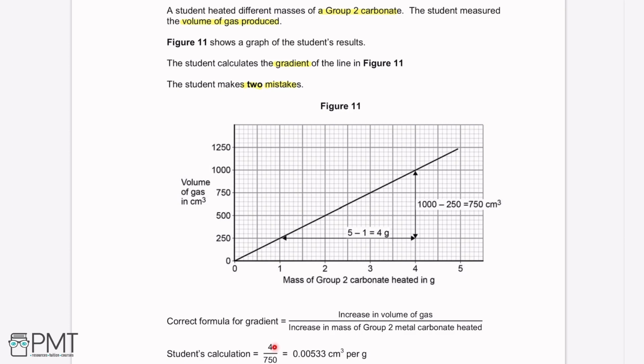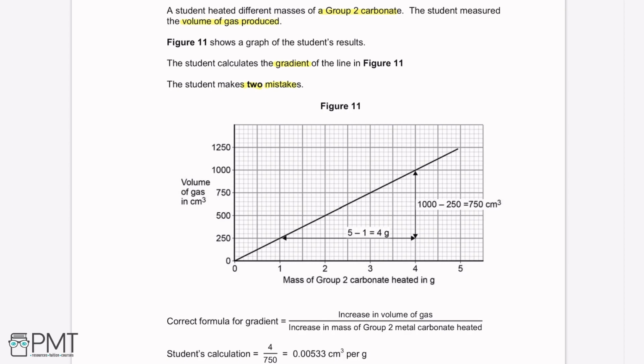So they've done 4 divided by 750, which has given them this answer. So they are saying that the increase in volume of gas is 4. Well, that's incorrect because they have shown here that the increase in volume of gas is 750.